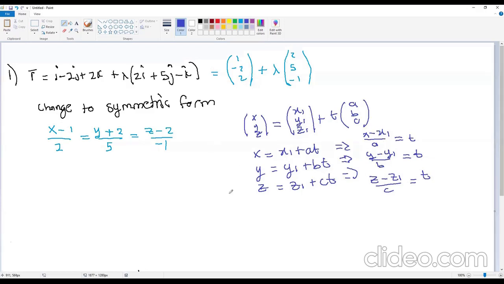That means they are equal, which is why you end up with a symmetric equation: x minus x1 over a equals y minus y1 over b, which equals z minus z1 over c. So when you have a parametric equation, you can quickly change to symmetric using this formula.